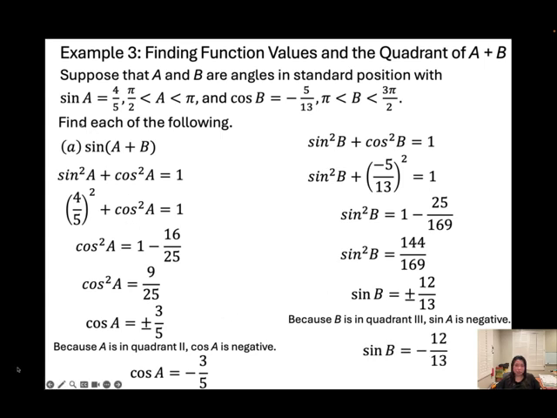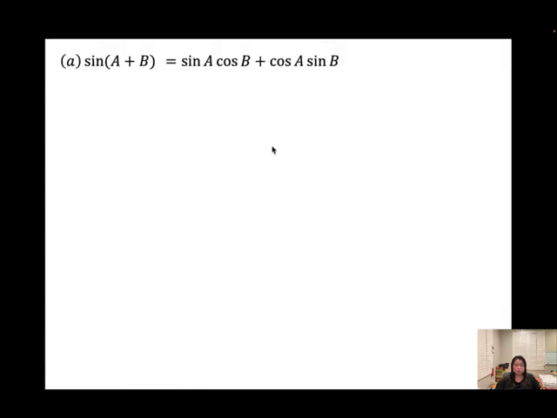Now we do have a sine A, cosine B, cosine A, and sine B. So we could calculate the sine A plus B using the sum identity for the sine. And then we're going to plug it in. Simplify it.